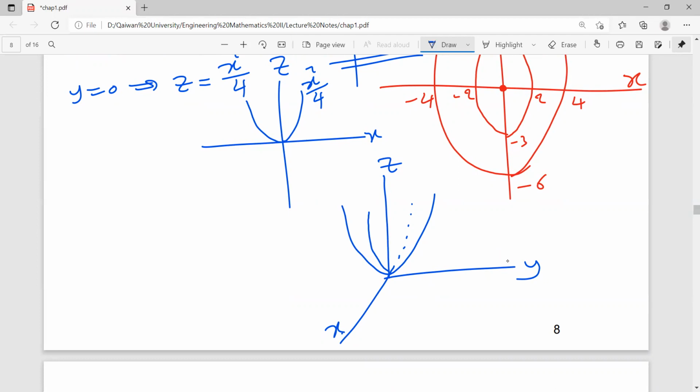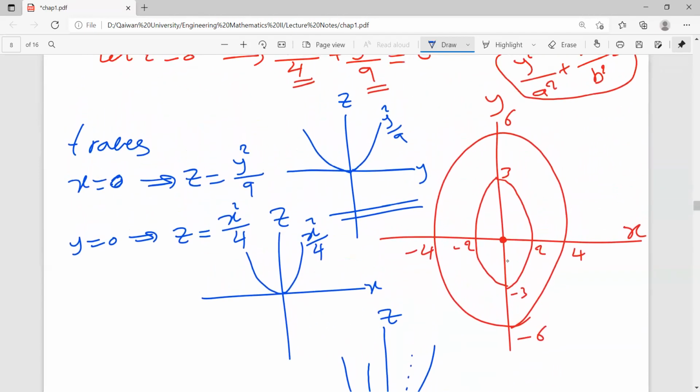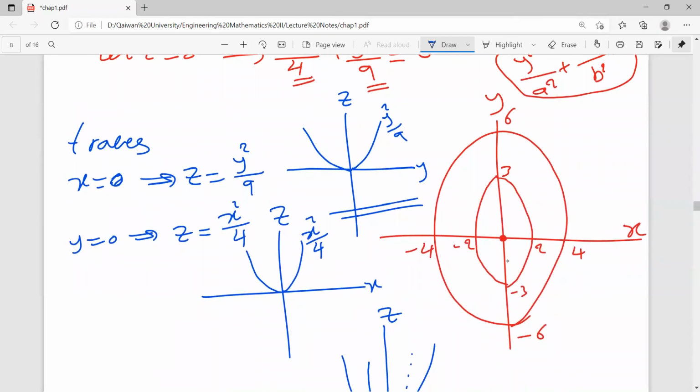And here we have the level curves. As you see, this is x and this is y. The level curves are parallel to the xy axis. One of them is at the origin, and then it goes on, but all the level curves must be parallel to the xy axis.